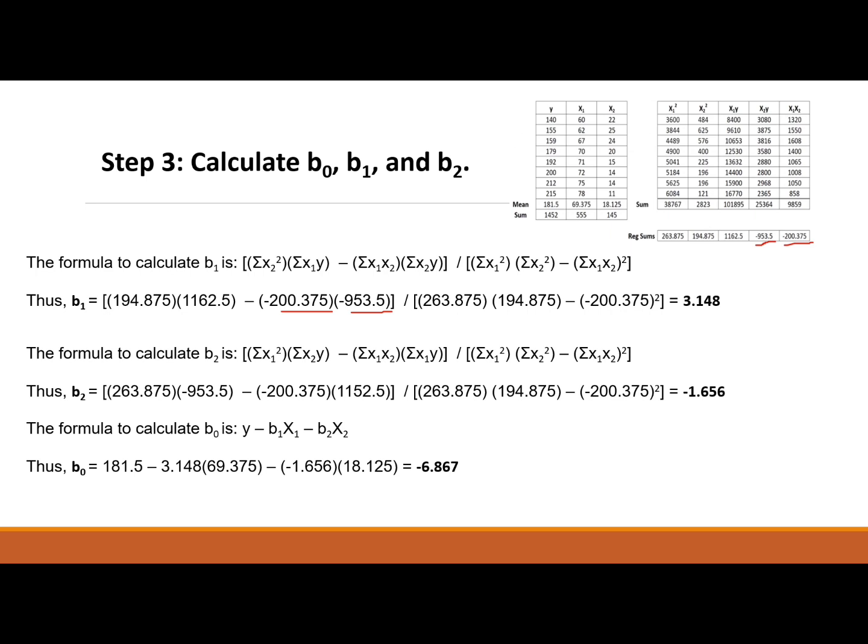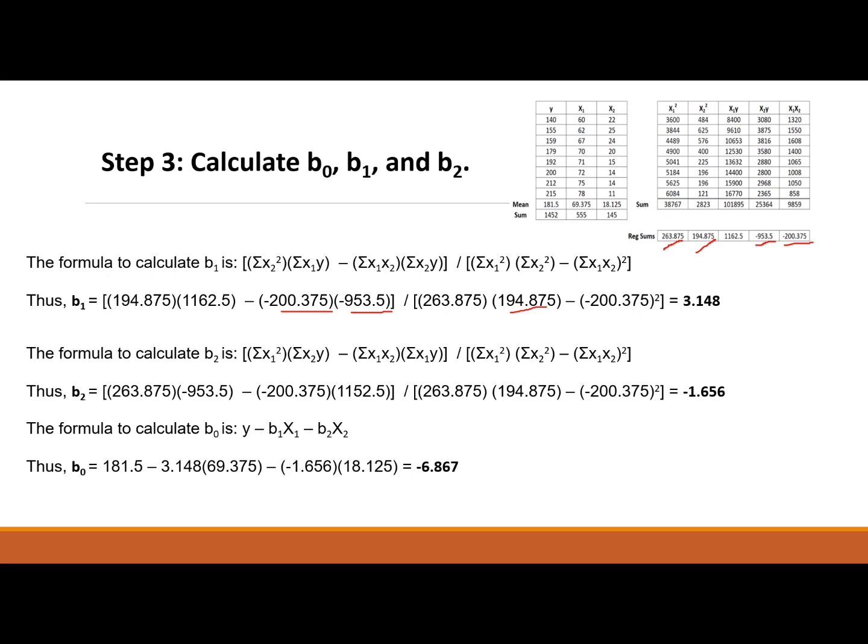Then we're going to divide this by the summation of x1 squared. Where is the x1 squared? So here, 263.875. Then we multiply this by the summation of x2 squared, 194.875, minus the summation of x1 times x2 squared.